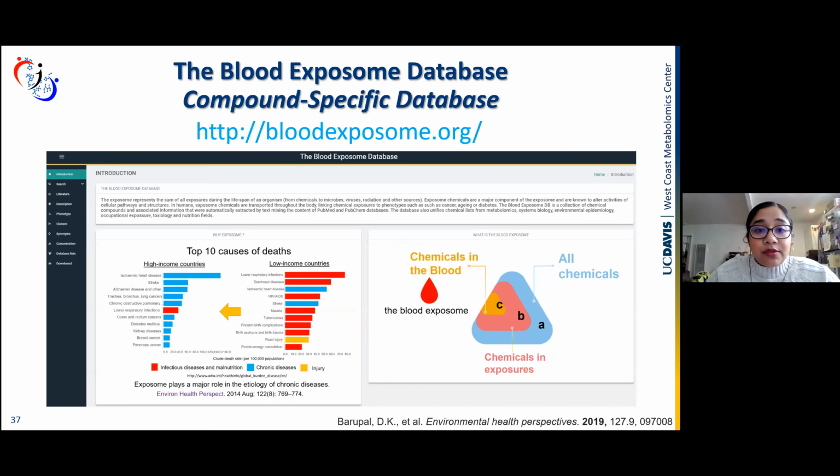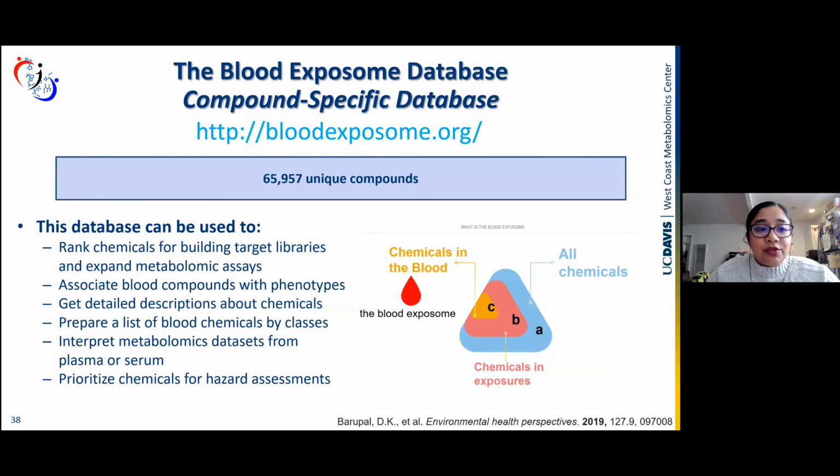The Blood Exposome Database is a compound-specific database. It covers chemicals in the blood. This was developed back in 2019 here in the Fiehn Lab by Dr. Dinesh Barupal. The idea is that you can find information about chemicals in the blood, the blood exposome.